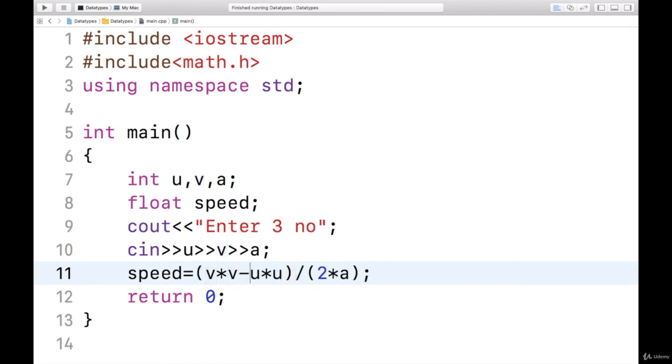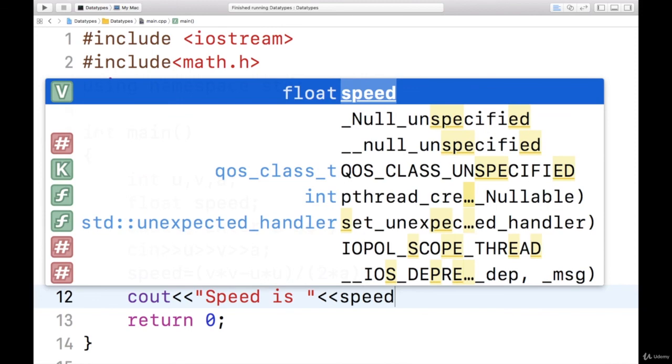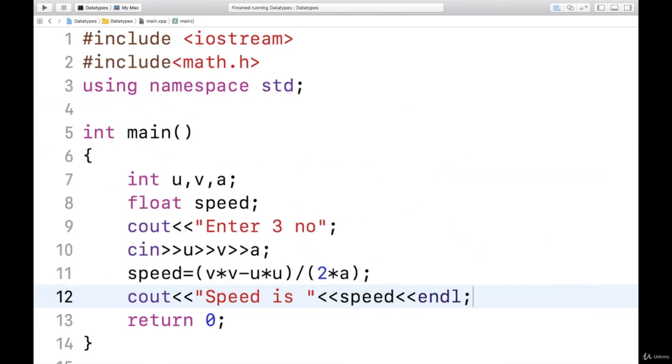Now this is perfect. And finally we will cout "speed is" and the value that we got in variable speed.